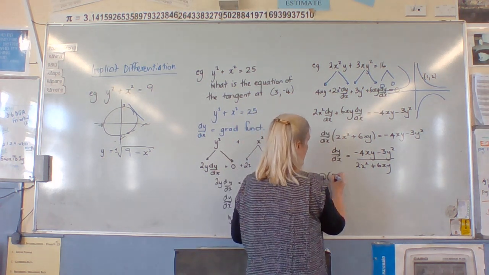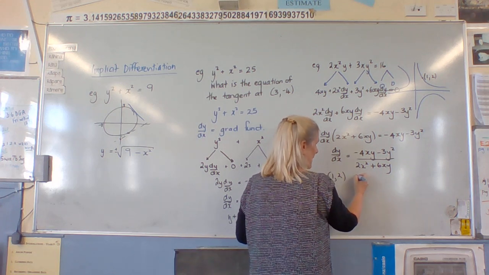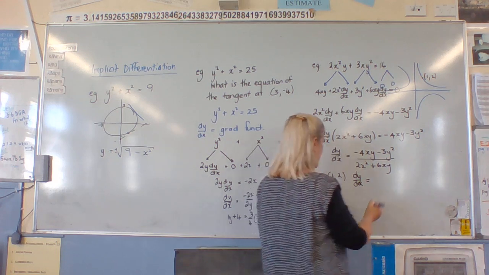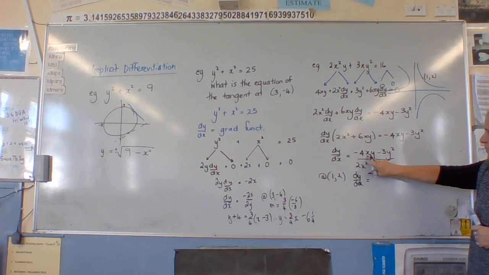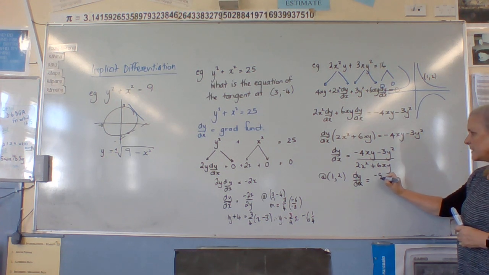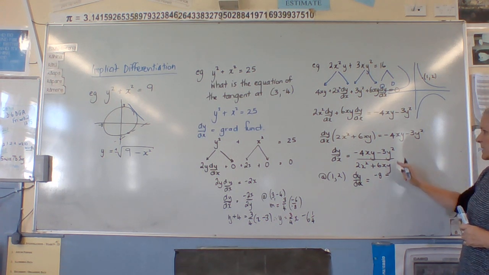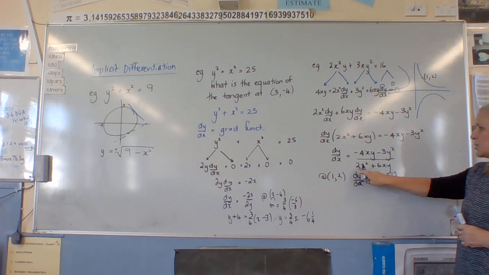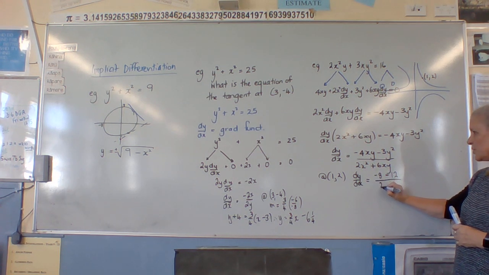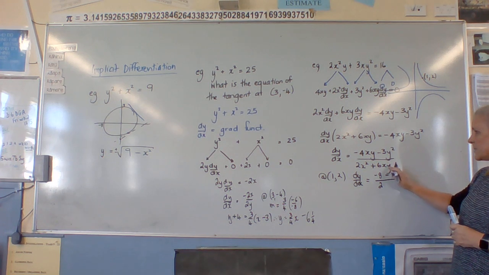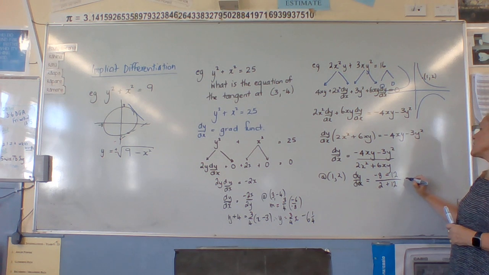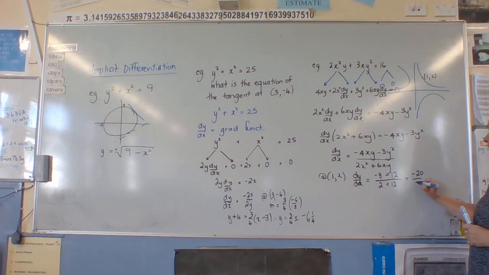So at 1, 2, we're going to get the gradient, dy by dx, equals negative 4 times 1 times 2, negative 8, minus 2 squared is 4 and 3 makes 12, yes, over 2 times 1 squared is 2, plus 6 times 1 times 2, 12, so that equals negative 20 over 14.